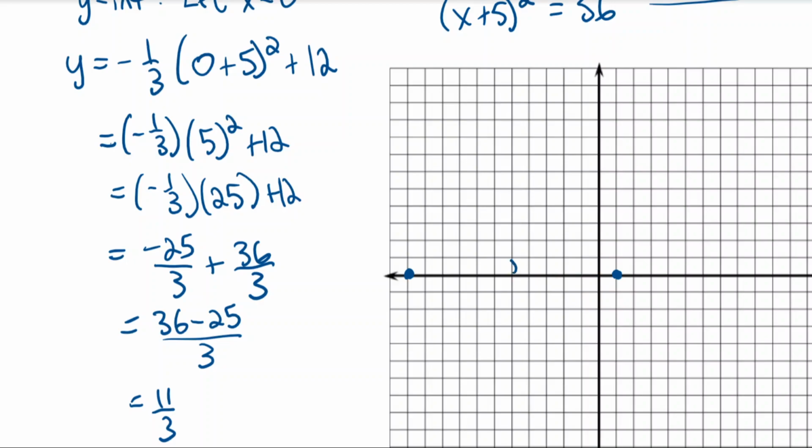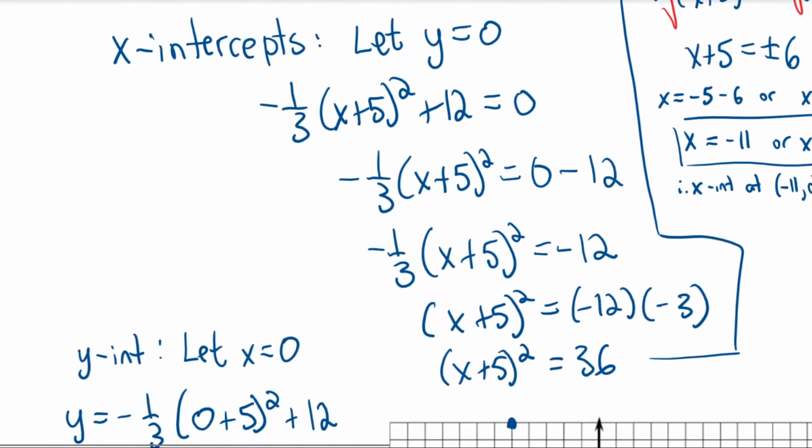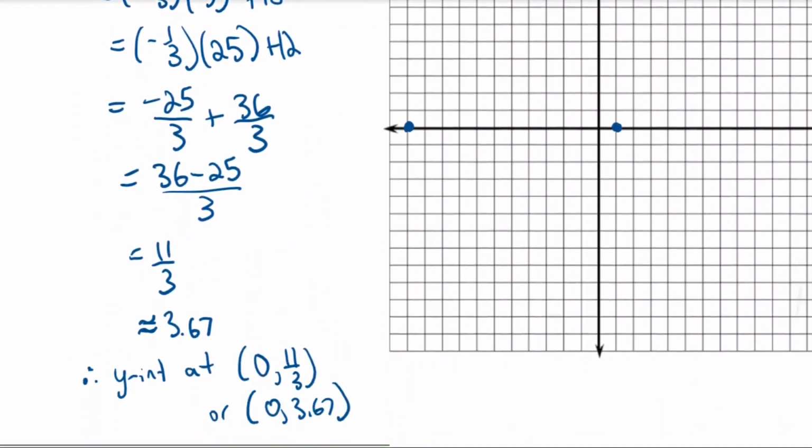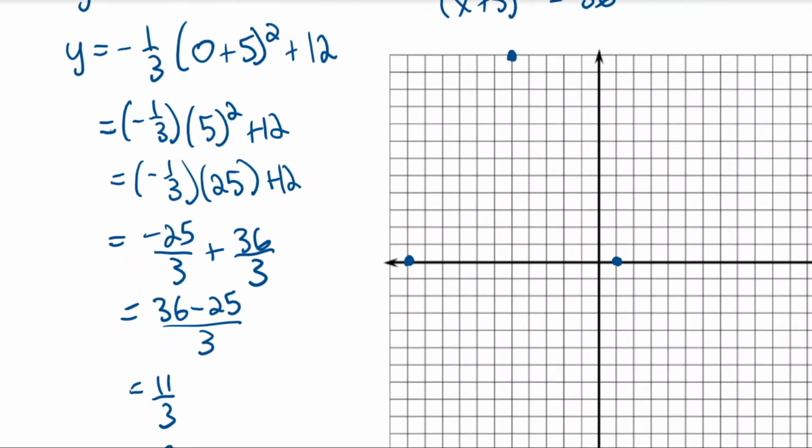And then we've got 1, 2, 3, 4, 5, 6, 7, 8, 9, 10, 11, 12. So we got 12 up here. So there it is. That's our vertex, right? -5, 12, we're good. We got our x-intercepts. Our y-intercept is at about 3.67. So we got 1, 2, 3.67, just over half. So boom. That all kind of makes some sense.